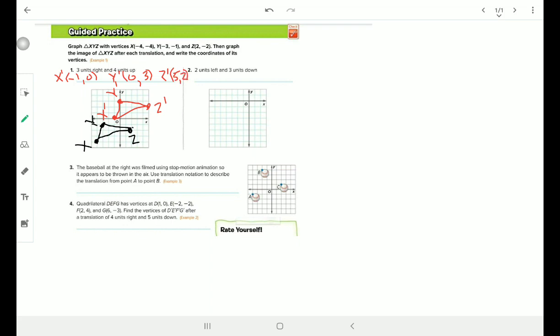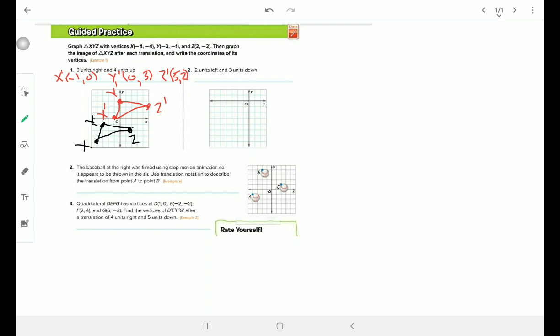And that is the translation for number 1. With number 4, so I'm going to skip a little bit, so that will kind of help you out with 2 and 3. With number 4, notice now we don't have a graph to help us. We're going to have to visualize this a little bit, and we don't even need a graph for this. We can use the coordinates themselves.